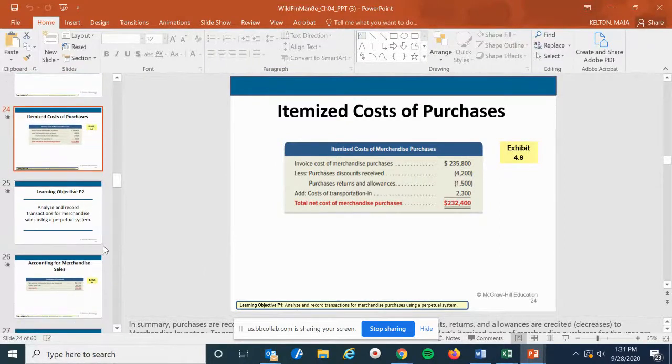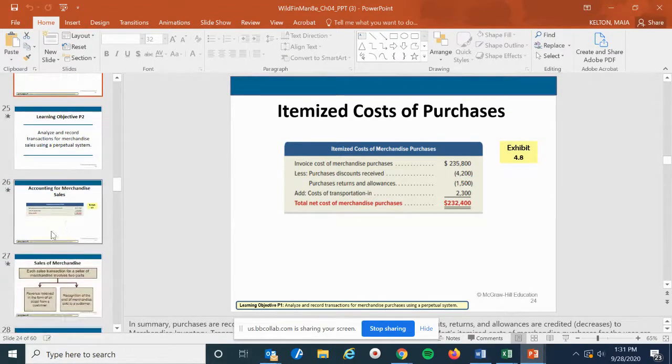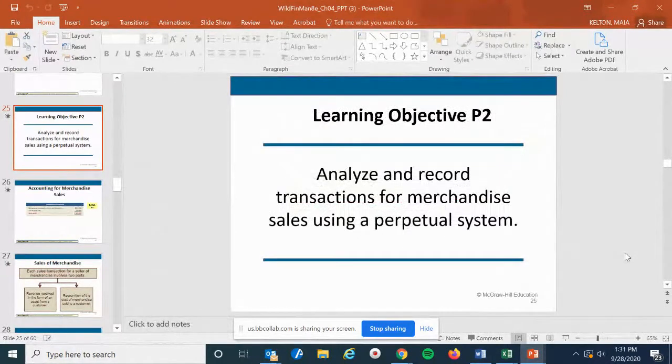So eventually, they would have to account for some sales transactions in addition to the purchase transactions that we just finished. So similarly to the purchase transactions, we'll look at sales transactions and the effect of those transactions on the financial statements of a merchandiser.